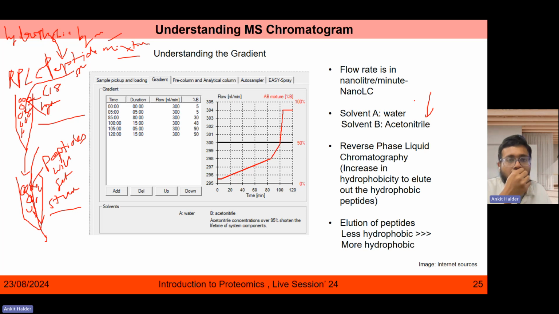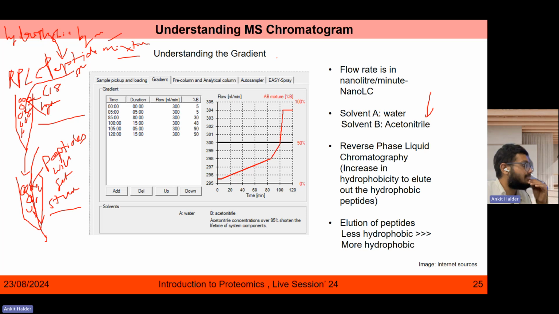That is what we are talking about with gradient: at what percentage, at what rate we are changing the percentage of acetonitrile, or ACN, so that the hydrophobicity keeps increasing and our particular peptides are being eluted out, right?